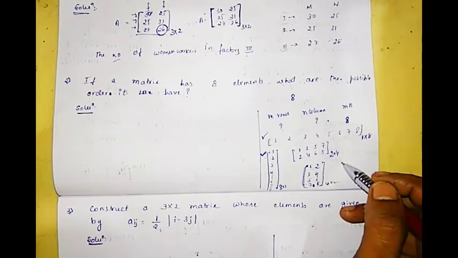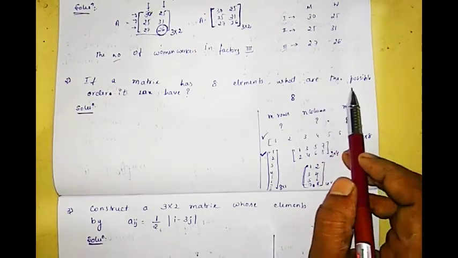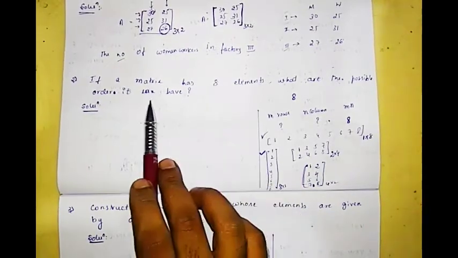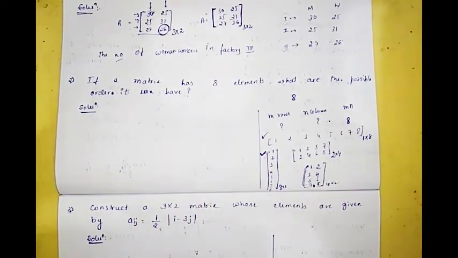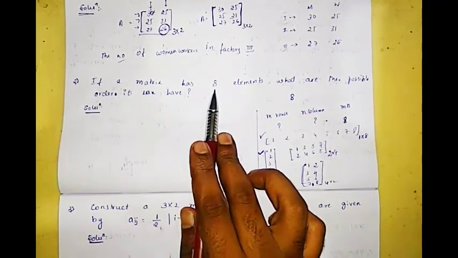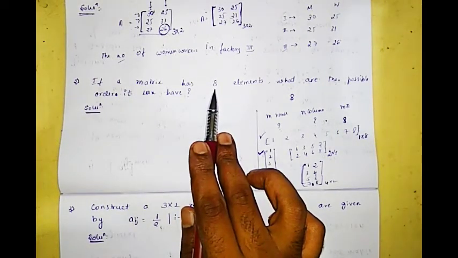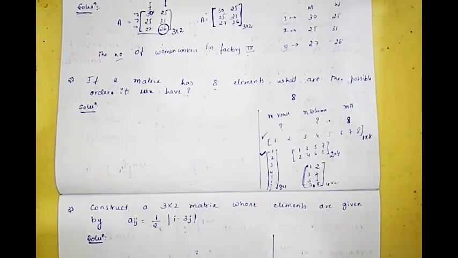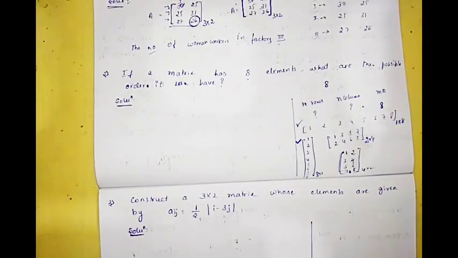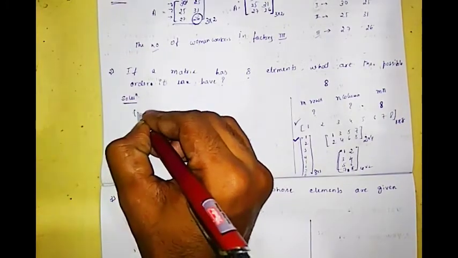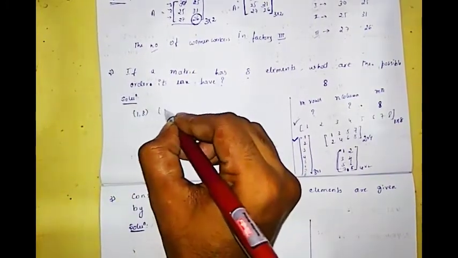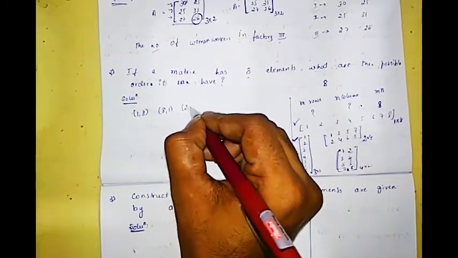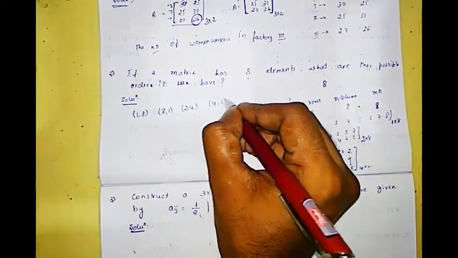So to tell the possible orders, if the total number of elements is given, it is the multiplication factors that we can find for the given number of elements. What are the multiplication factors of 8? We have 1 into 8 is equal to 8, 8 into 1 is equal to 8, 2 into 4 is equal to 8, 4 into 2 is equal to 8.